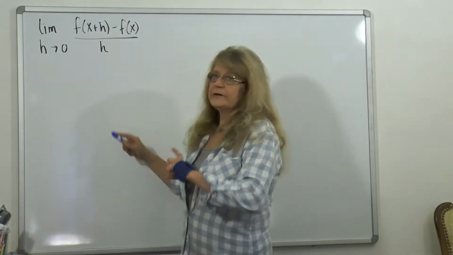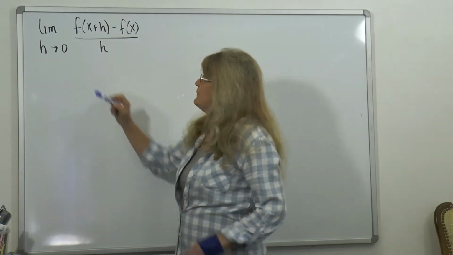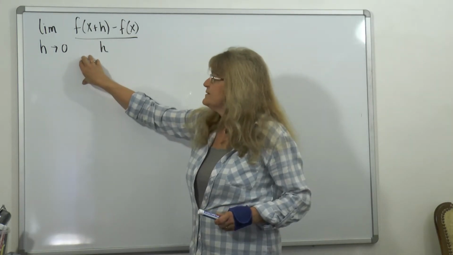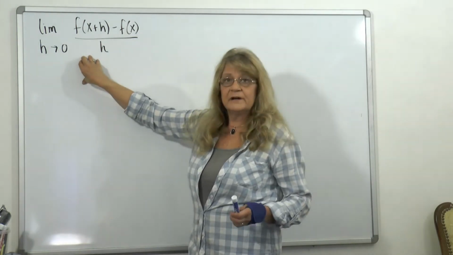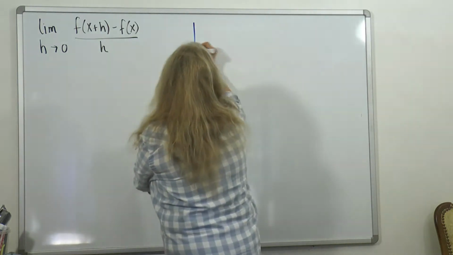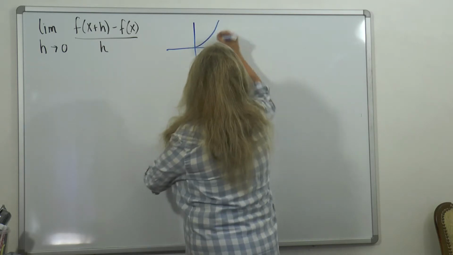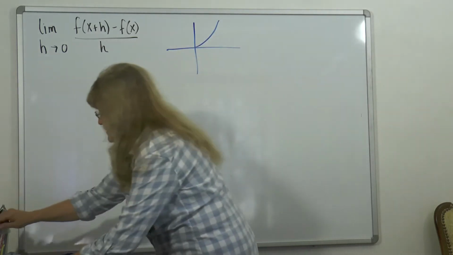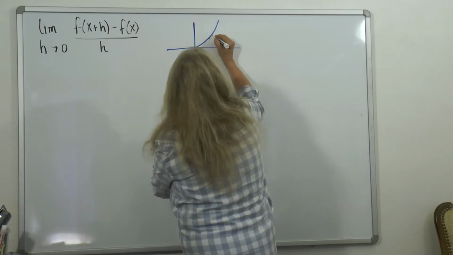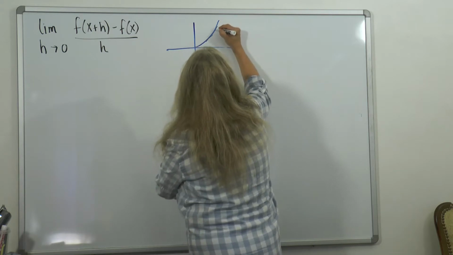Okay, not the last video, the one before, we went over using this to find the slope of a tangent line. Remember, we have our Cartesian coordinate system and some kind of function, say like this. There are an infinite number of lines that would hit this at one and only one spot.